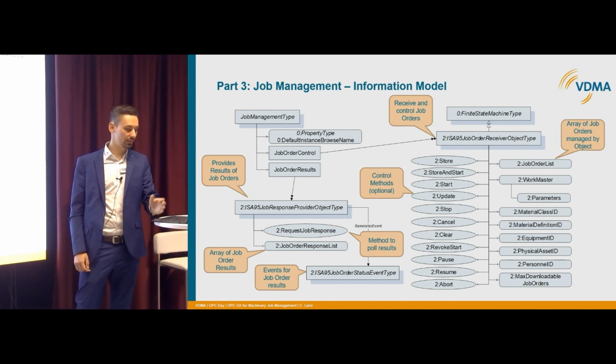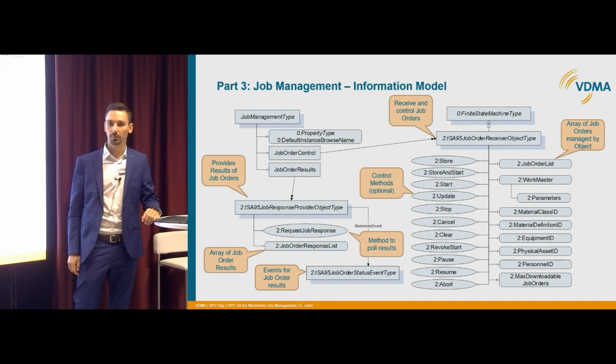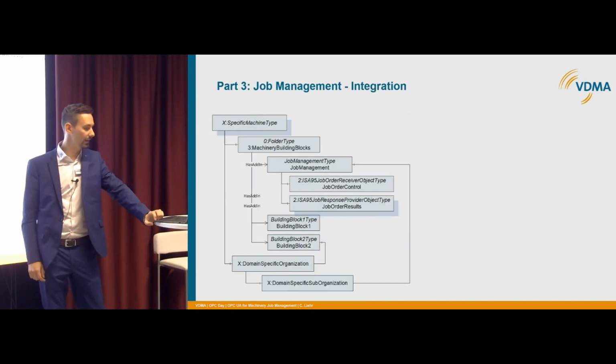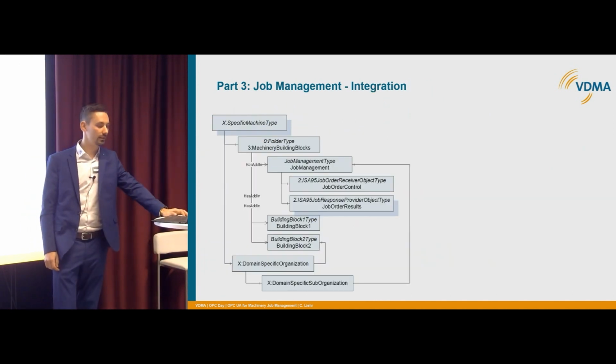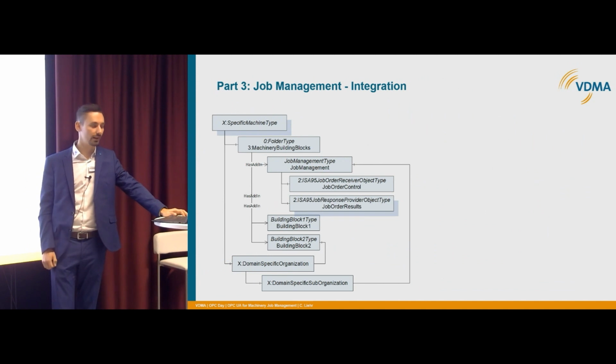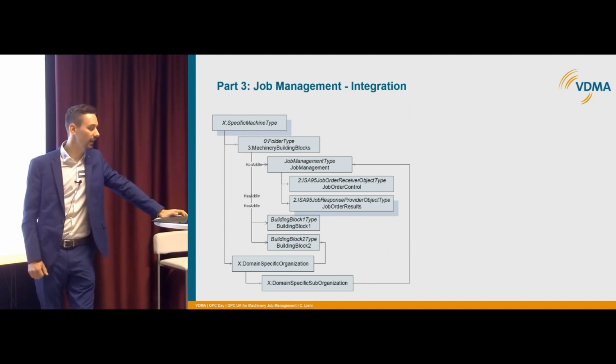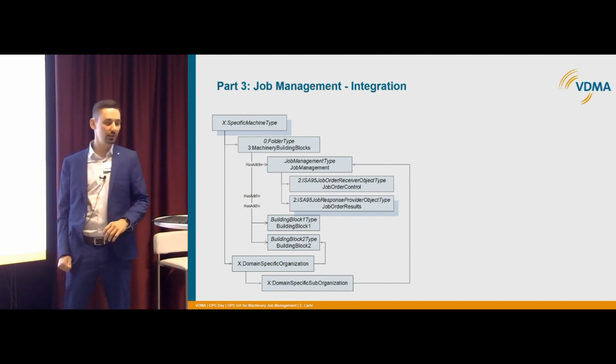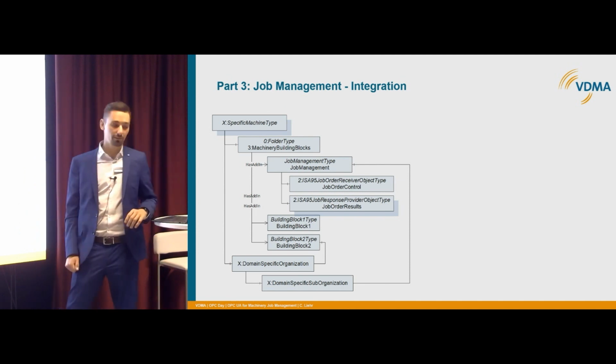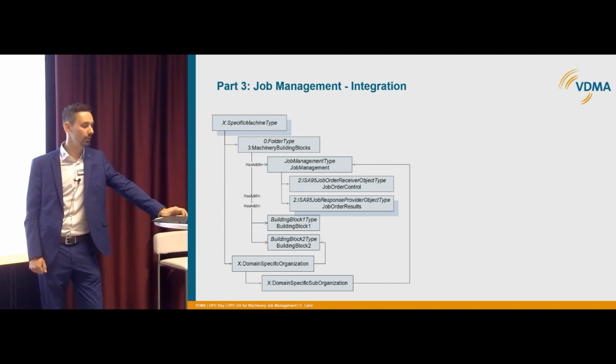So that's the information model of the job management building block, and this is how the integration into a machine looks, or could look like. As an example, we have a fictional machine here, and underneath this fictional machine we have the machinery building blocks folder.